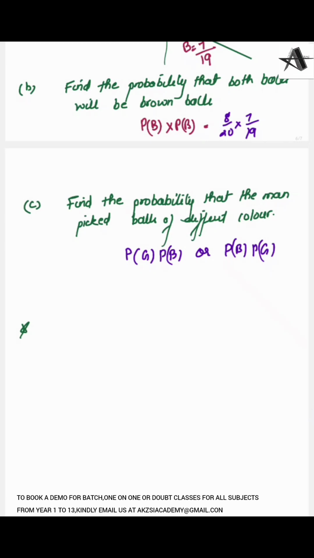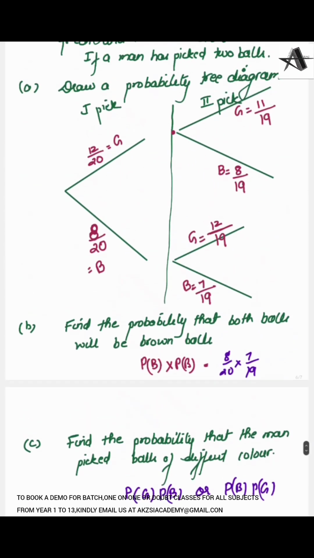Different colors are green and brown, but the arrangement is not mentioned, like first he's picking which and second he's picking which. So we have to consider that either he can pick first green and then brown, or first brown and then green. That means simply there are two different ways.